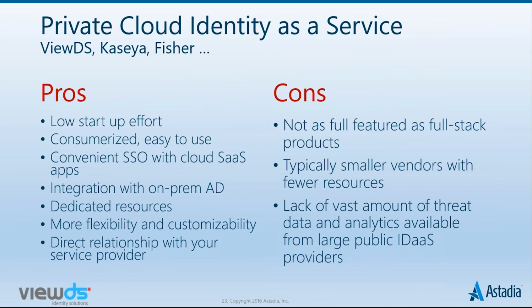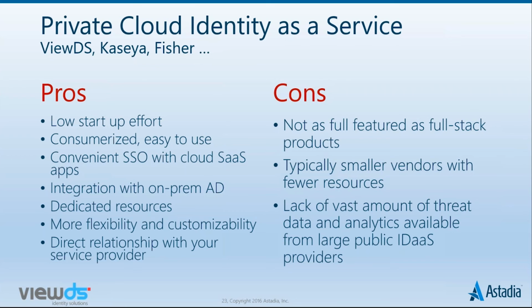So the third approach to identity as a service is private cloud identity as a service, and this is relatively less popular now than public cloud identity as a service. Public cloud identity as a service really captured all of the small to medium organizations that said, I want to jump into the cloud right away and get rid of my on-prem infrastructure.